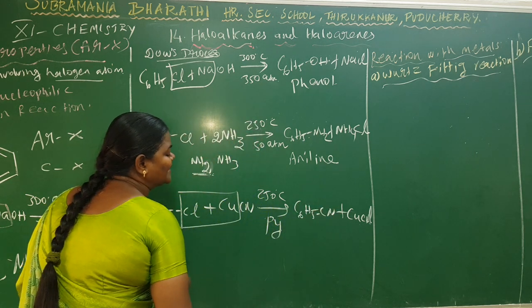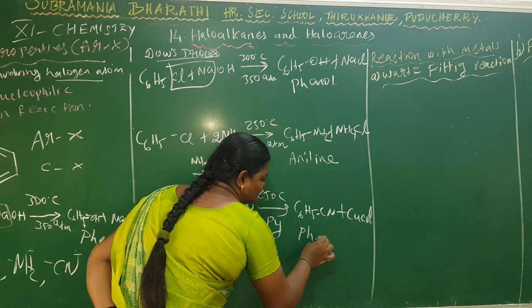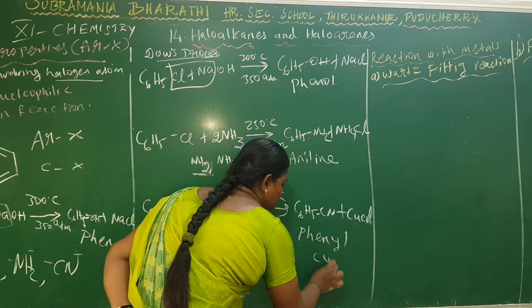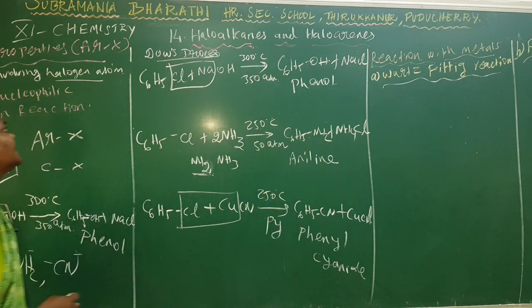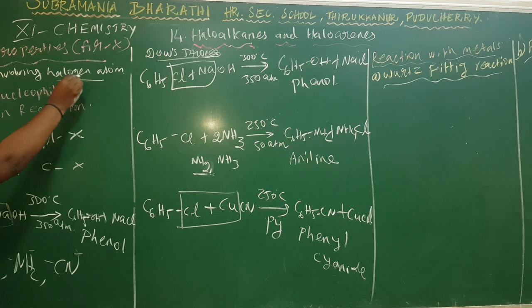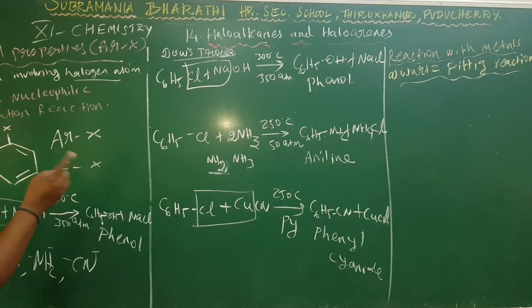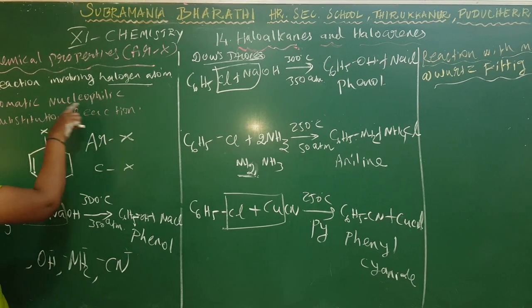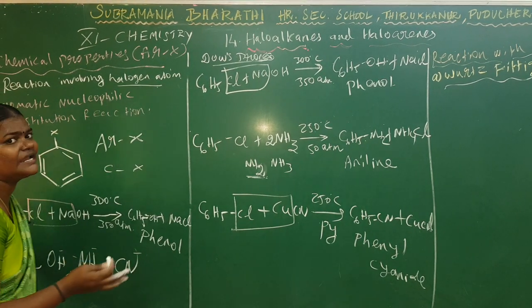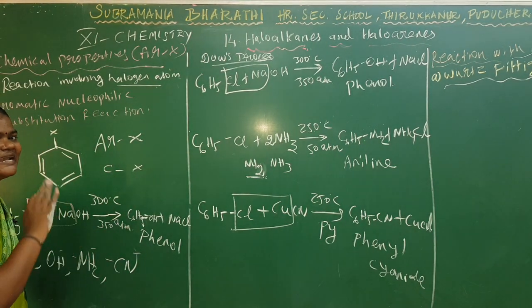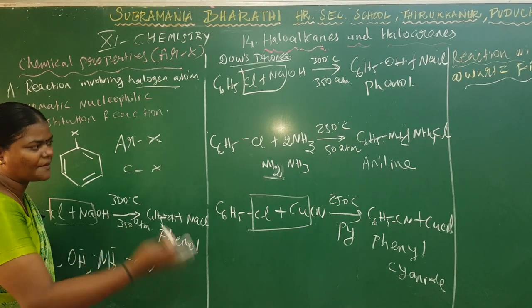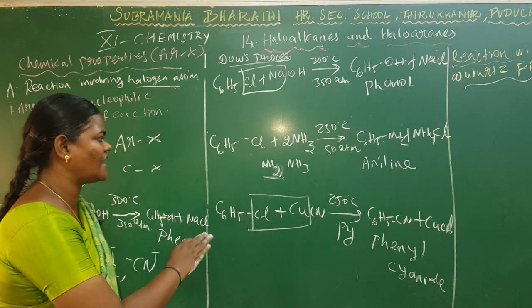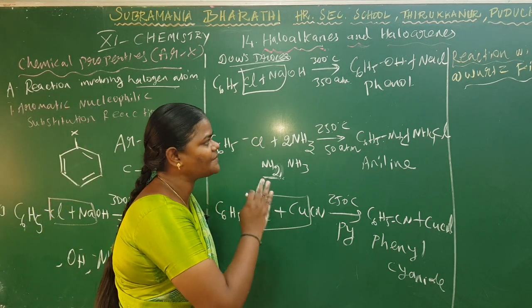The name of the compound is phenyl cyanide. This is very important. The reaction is carried out only for reactions involving the halogen atom, that is, nucleophilic substitution reactions. Generally, nucleophilic substitution is not readily undergone; it is possible only when temperature, pressure or a catalyst is induced.